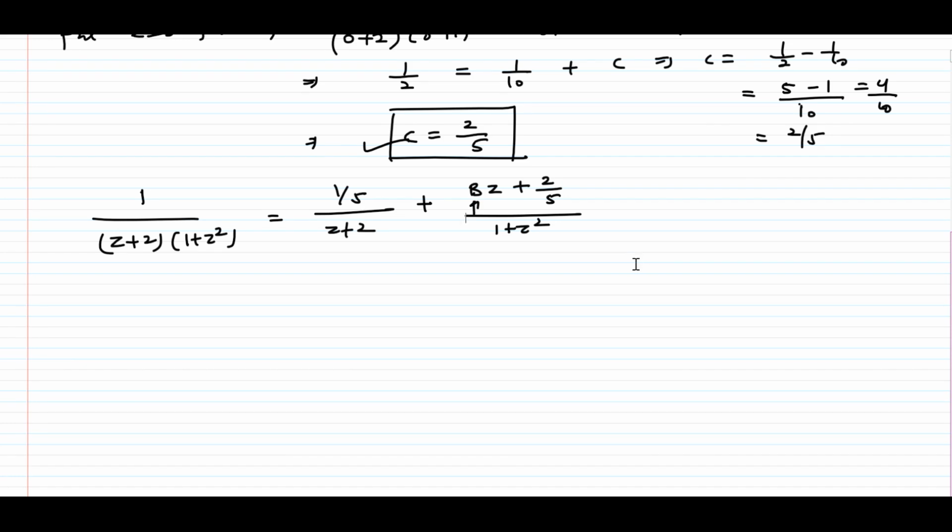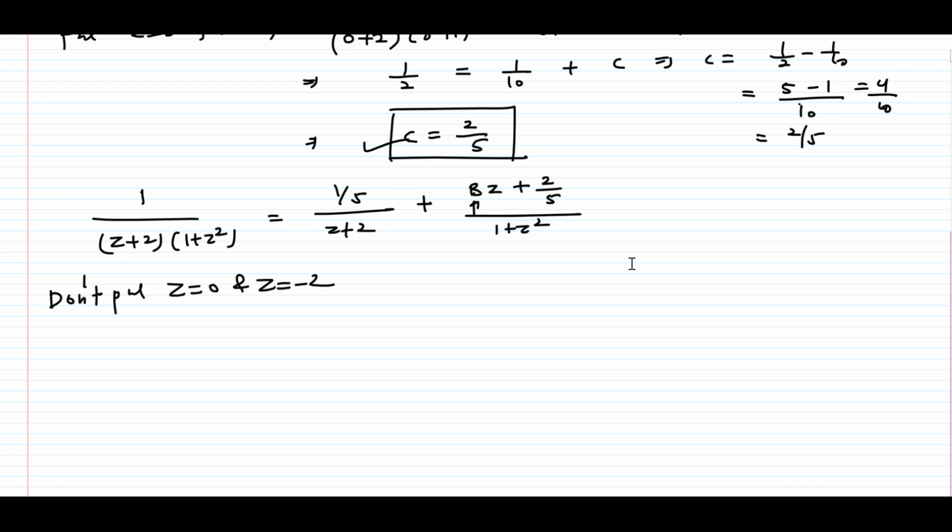So we can put any complex number except 0 and negative 2, because we have already used those. So don't put z equal to 0 and z equal to negative 2.